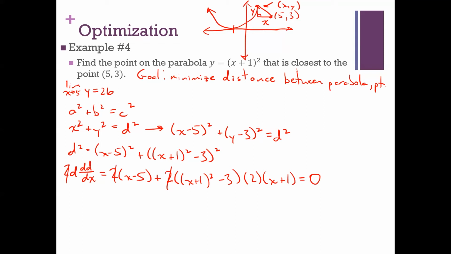Our distance d? No, because the distance can't be zero. Well, sometimes it can be, but why do I know in this case it can't be? Because the point isn't on that parabola. Yeah, that point that I care about is not on that parabola. So the distance is always positive, which means I can divide both sides by d.